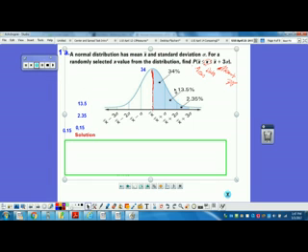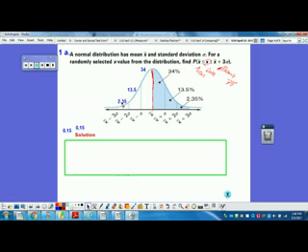I got 13.5% here, so I must have 13.5% here. I got 2.35% here, I must have 2.35% here. I got 0.15 here, so I must also have 0.15 here.